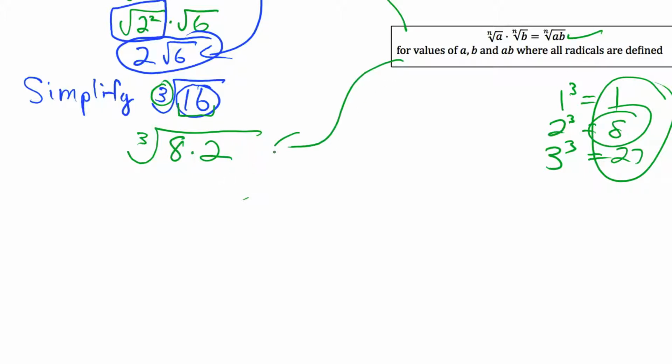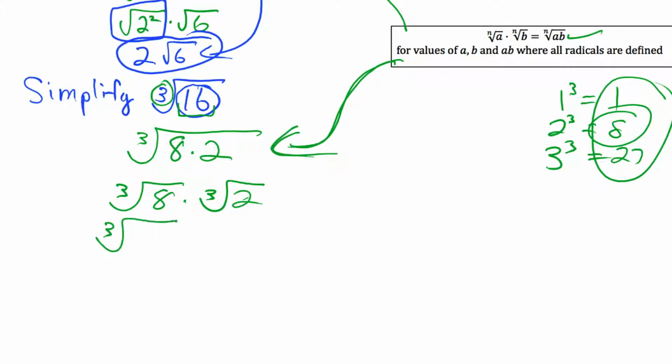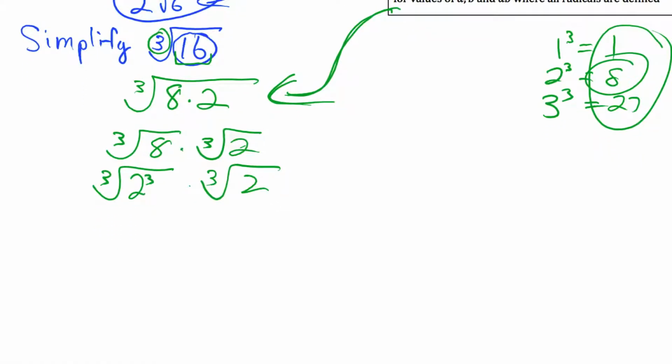And then we can break up our expression as the product of two separate radicals using this principle. And 8, remember, is 2 cubed. And here's our inverse principle showing up again. The cube root of something cubed will just be 2.